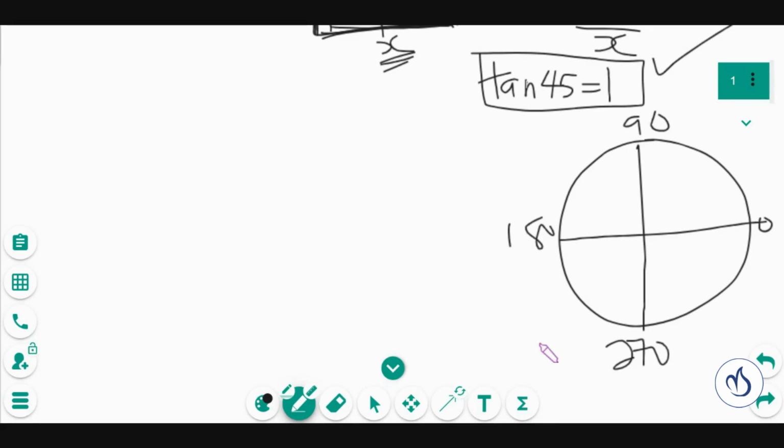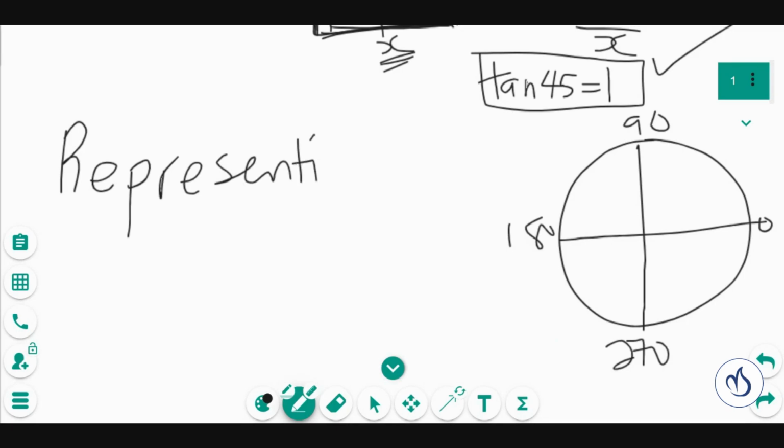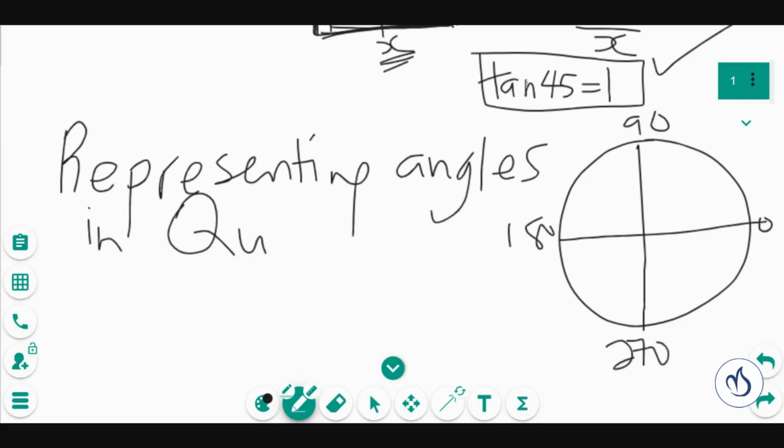So I'll give a simple subheading, representing angles in our quadrats.